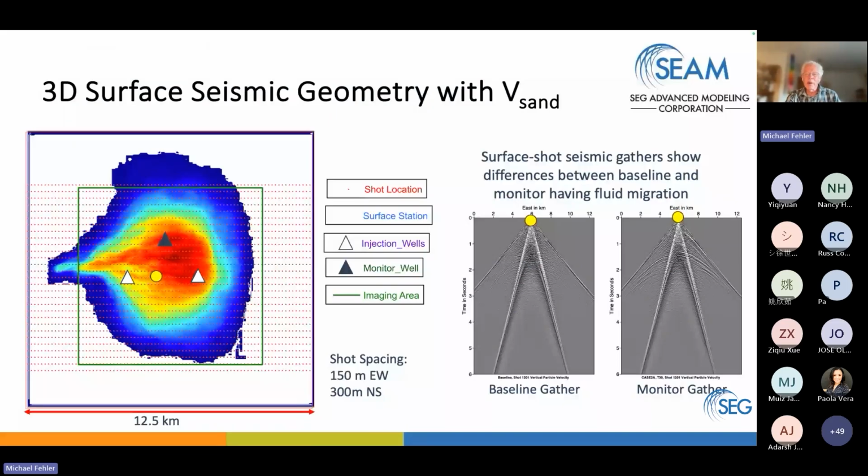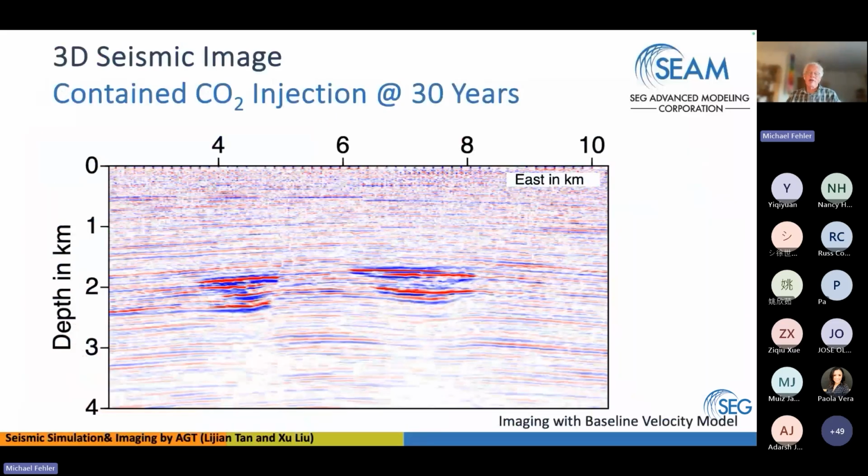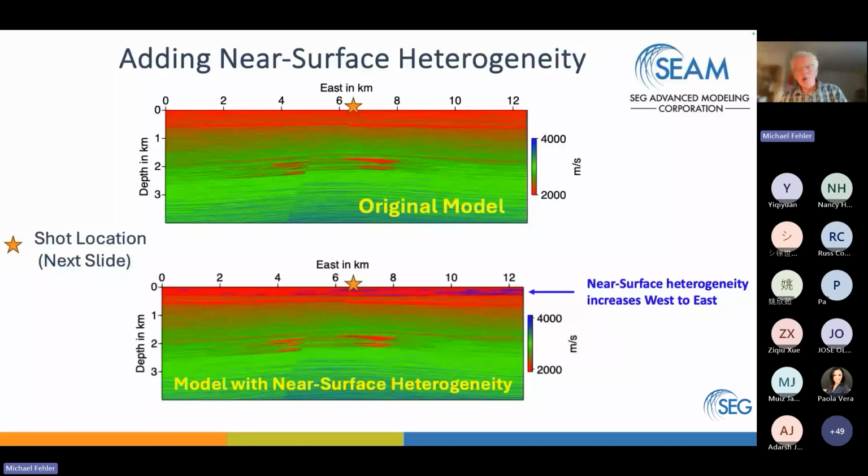So more recently, we've been looking at what happens if we first make the near surface more heterogeneous. This is the model that I've shown you the results for so far, called the original model. And now we've introduced some near surface heterogeneity that increases from west to east. The idea is to see if the image degrades going from west to east. But also we're going to do 3D simulations with this with an absorbing upper surface.